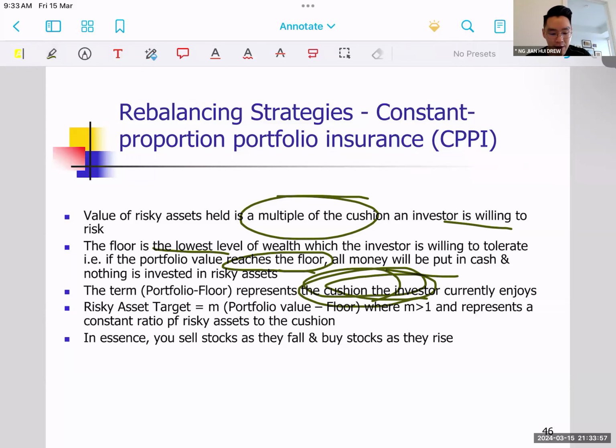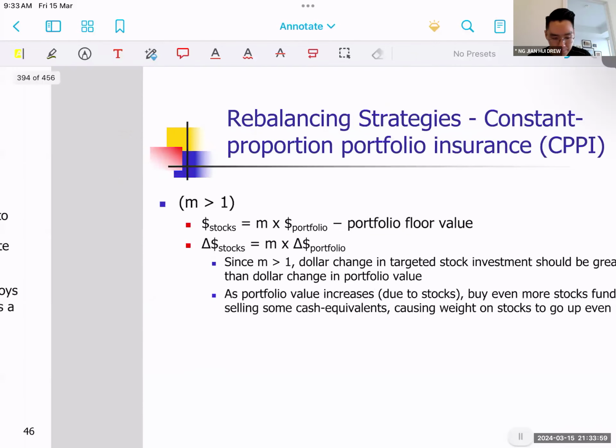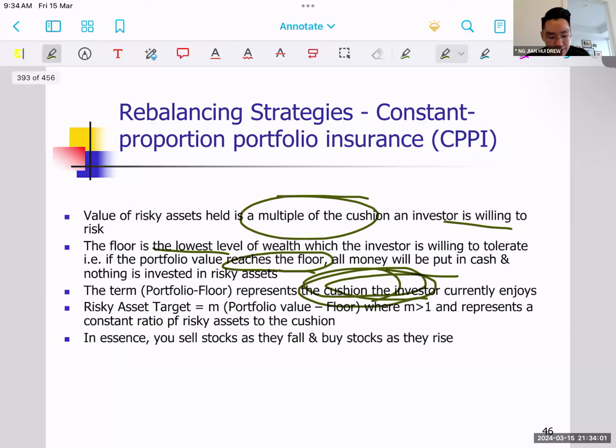Okay, let's try to understand how this happens. In essence, you sell the stock when it is falling and you buy the stock when it is rising. So this is the reverse of the last strategy that we talked about, right?